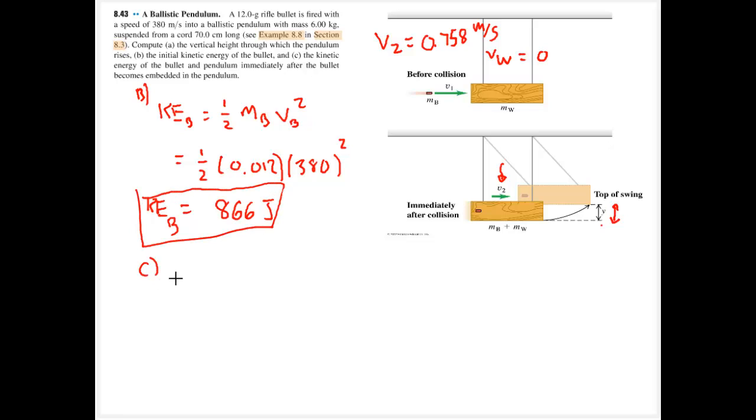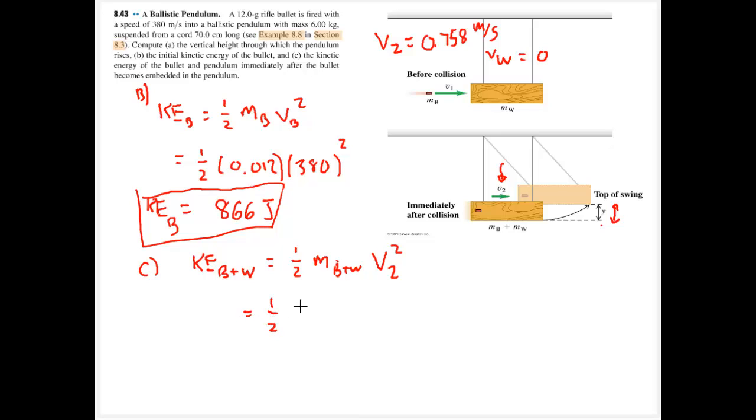In part C, I'm asked to calculate the kinetic energy of the bullet and the pendulum, or the bullet and the wood, in which case the kinetic energy of the bullet plus the wood block is going to be 1/2 the mass of the bullet plus wood block multiplied by v2 squared.